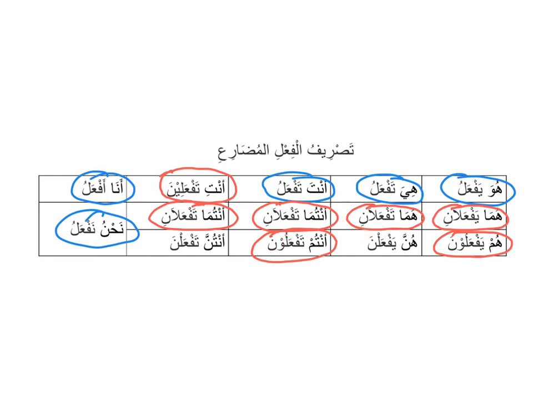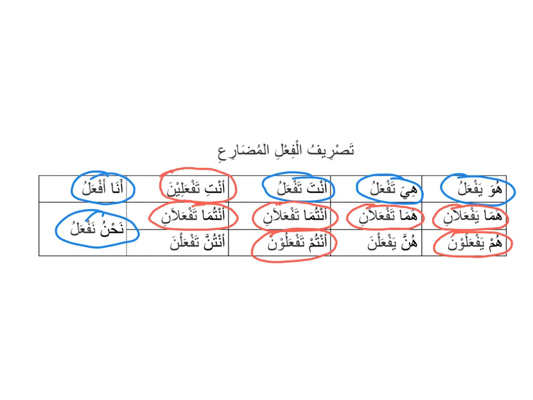When it comes to fi'l مضارع منصوب, the fi'l with blue circles will be mansub with fatha. So you change yaf'alu to yaf'ala, taf'alu to taf'ala, af'alu to af'ala, naf'alu to naf'ala.